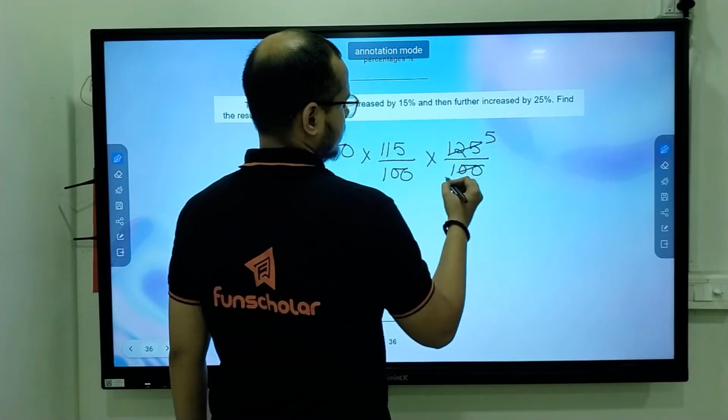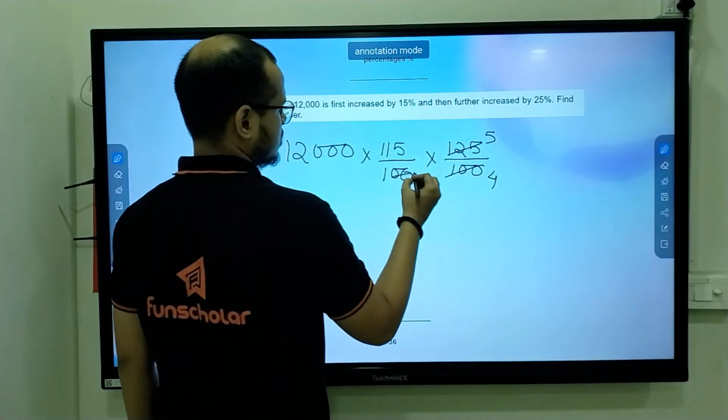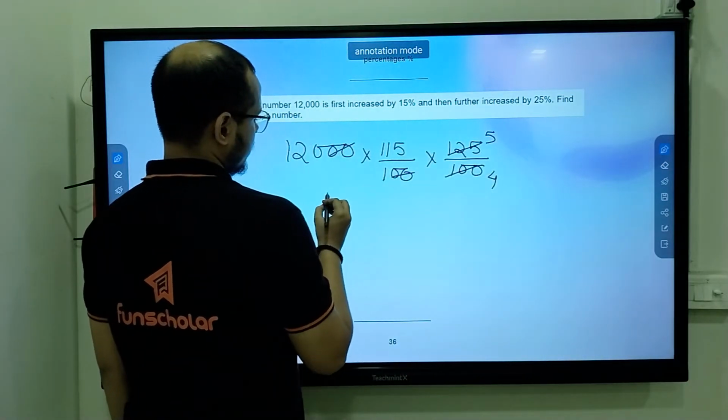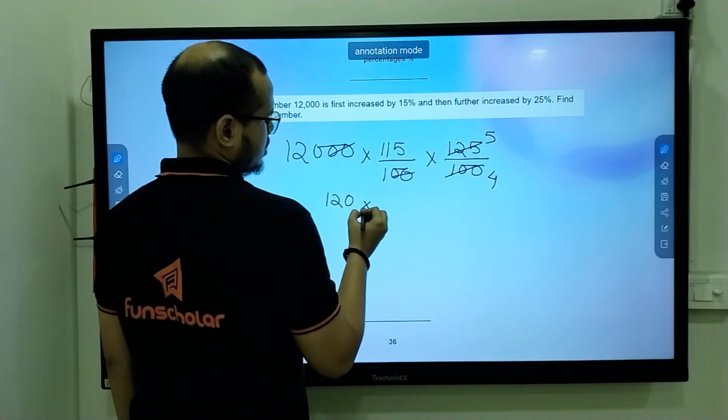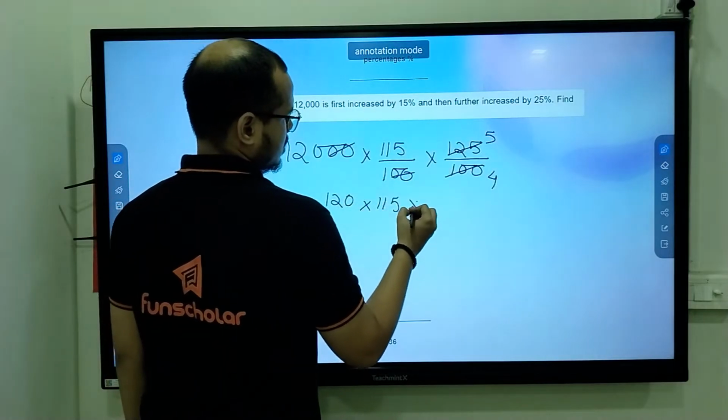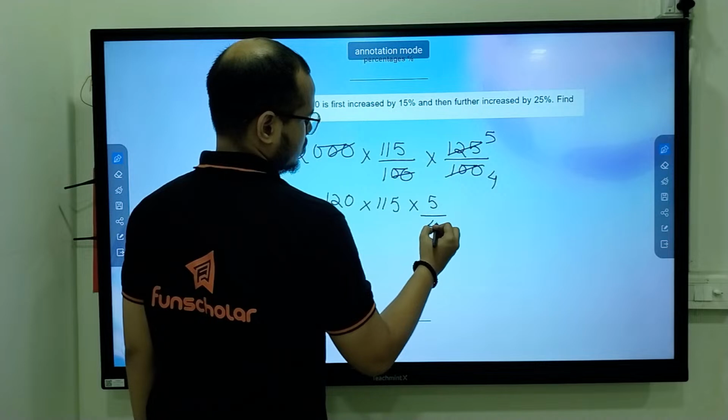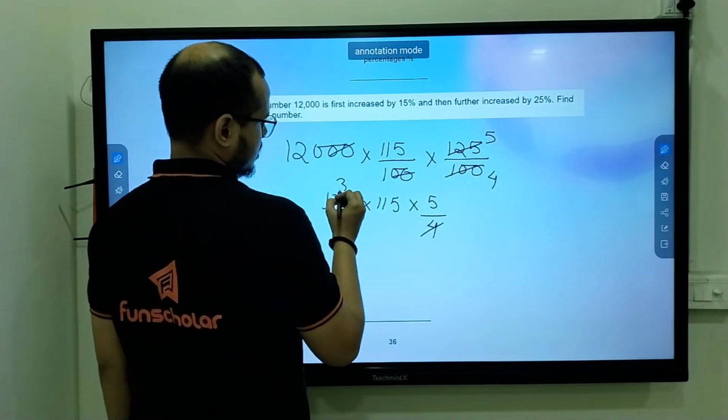25 fives are 25, fours are 20 gone, so we are remaining with 120 into 115 into 5 by 4, so that is 30.